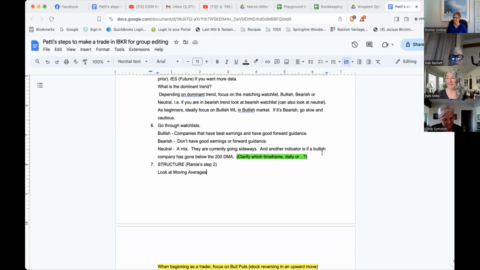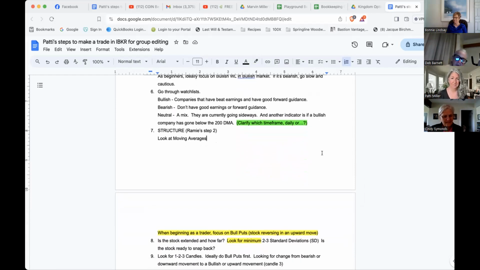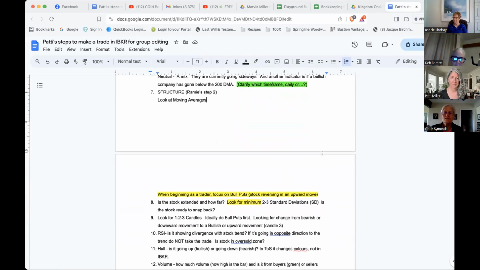Looking at moving averages, I don't know how hard it is to draw a pyramid in there. I do not know how to do that in here.